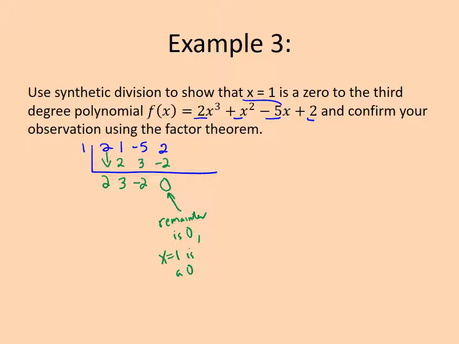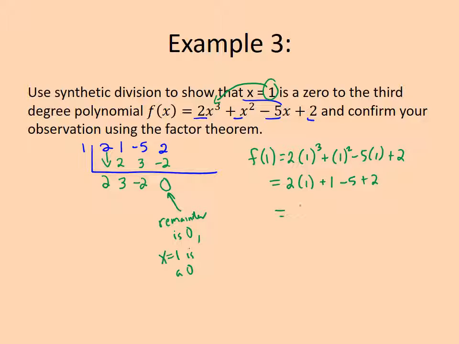According to the factor theorem, we can plug x equals 1 into the function, and it should also be 0. So f of 1 equals 2 times 1 cubed, plus 1 squared, minus 5 times 1, plus 2. 2 times 1, plus 1, minus 5, plus 2. 3 minus 5 plus 2, negative 2 plus 2, 0.